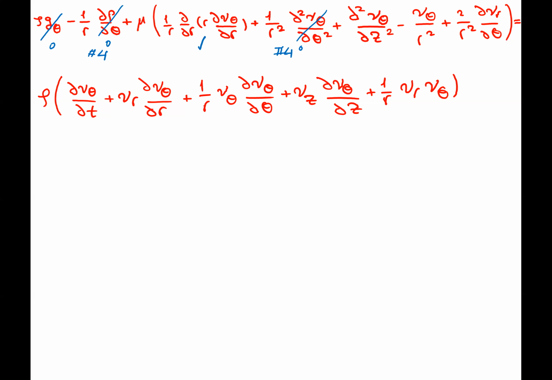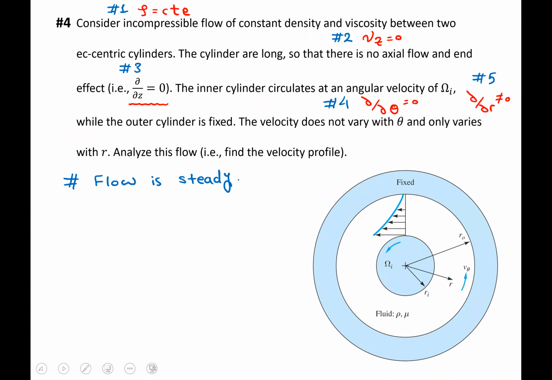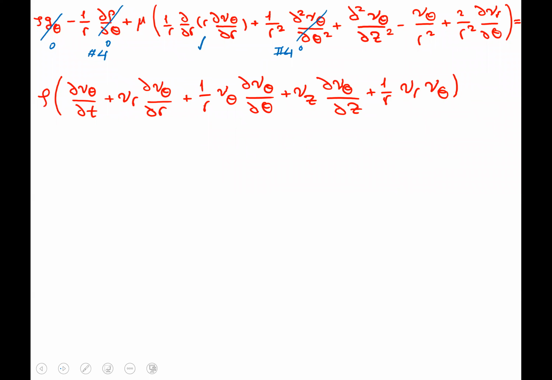Then, a variation with respect to z. If we go back, it says there's no end effect. The meaning is that variation with respect to z is 0. Number 3, so when the first derivative with respect to z is 0, obviously the second derivative with respect to z is also 0. So this term is also 0 because of number 3.